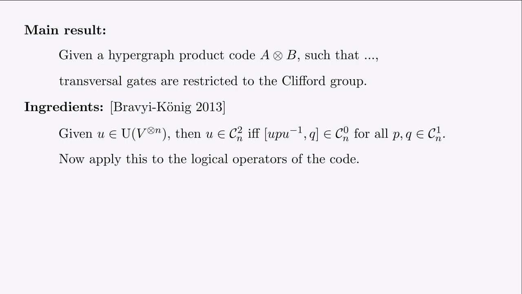So it sounds like we don't have any freedom, but what happens with stabilizer codes is that different physical operators can correspond to the same logical operator. So that's the wiggle room that we have to play with here. We choose different implementations for the P and the Q here.